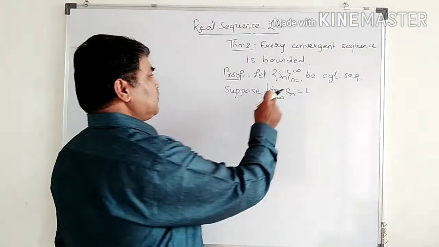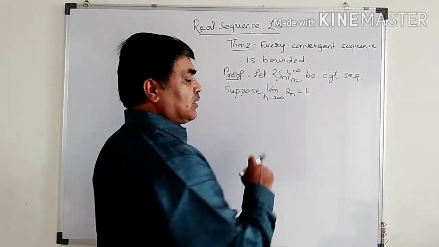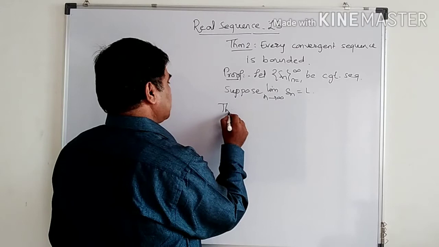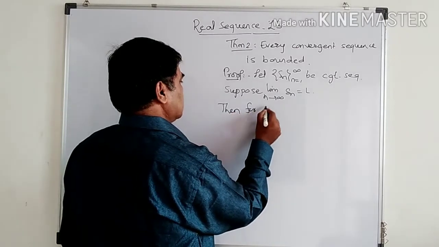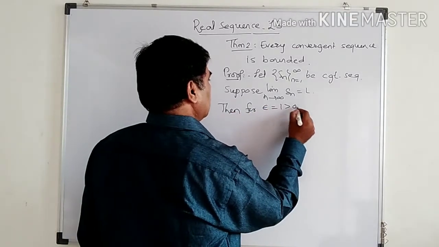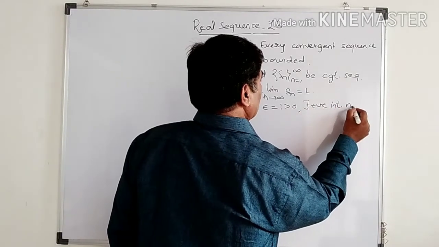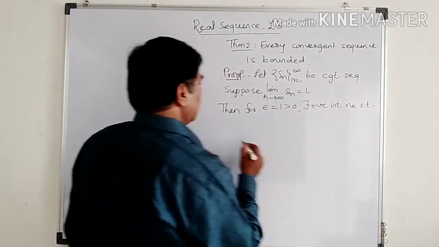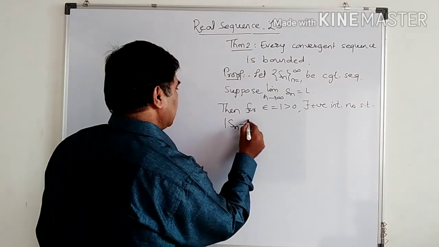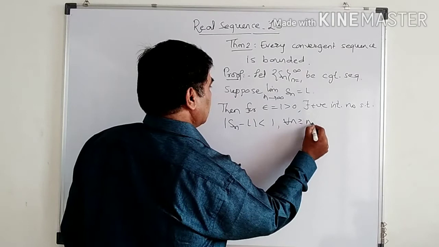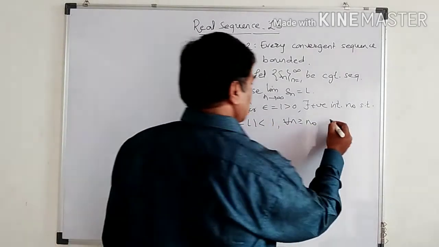For boundedness, we will choose epsilon to be 1. Then for epsilon equal to 1 greater than 0, there exists a positive integer n naught such that mod of Sn minus L is less than 1 for every n greater equal n naught. Call this 1.